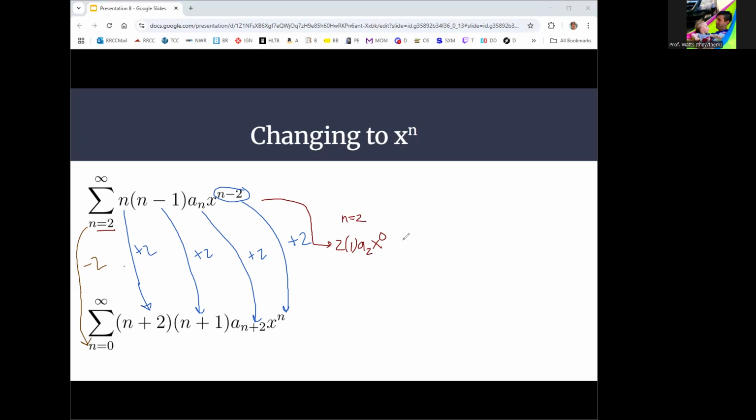And then n equals 3, I'm going to have 3 times 2 times a sub 3, right? Just replacing all these n's with 3, times x to the 3 minus 2, or x to the 1. All right, one more. When n equals 4, I'm going to have 4 times 4 minus 1 times a4 times x to the 4 minus 2.